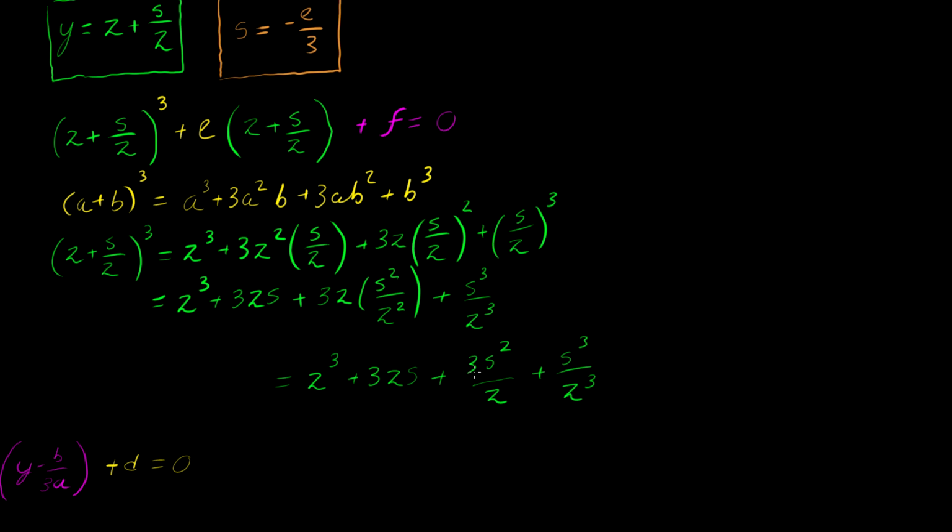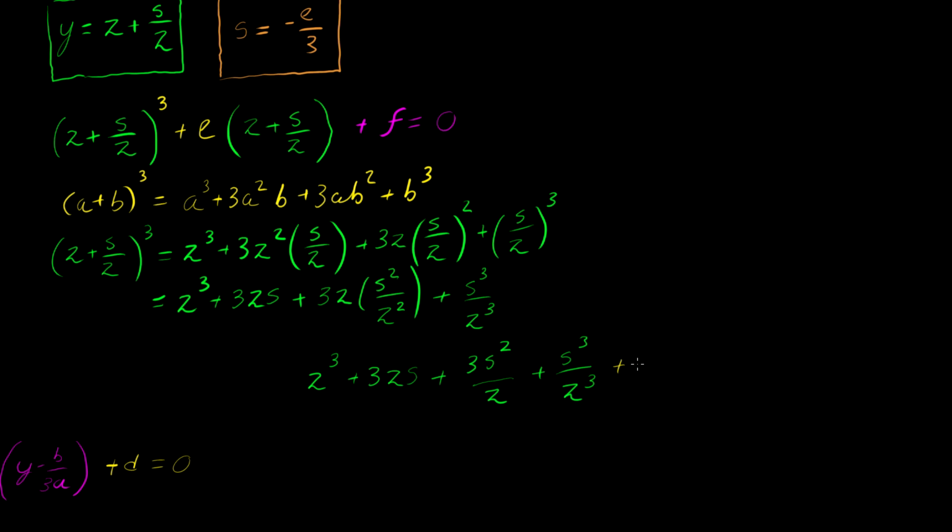So now that we've expanded that out, let's go ahead and plug this back into our original equation up here. So we've just expanded out z plus s over z cubed. Let's just write it back to how it was. So let me get rid of this equal sign. So we've figured out z plus s over z cubed. Let's just put that straight back in.